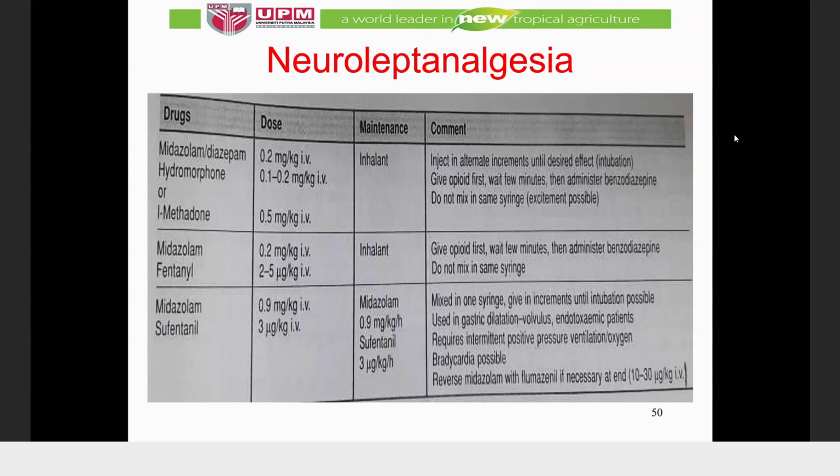For example, you give morphine and the animal's blood pressure goes down and you are really scared. You give naloxone, and the blood pressure will return to normal. So they are called antidotes, like yohimbine, which reverses xylazine, and flumazenil, which reverses midazolam.